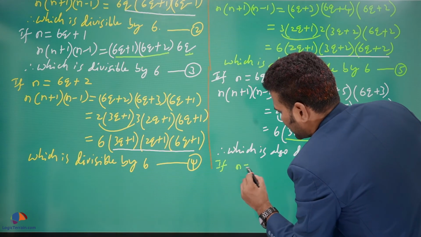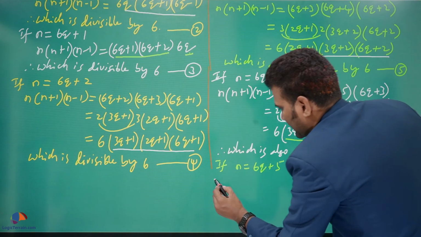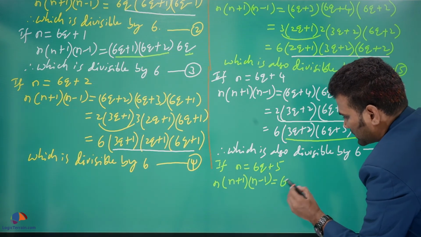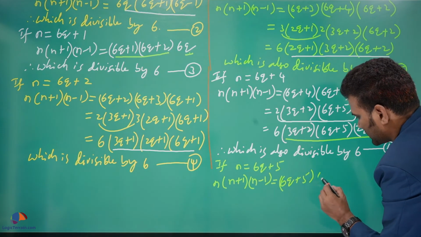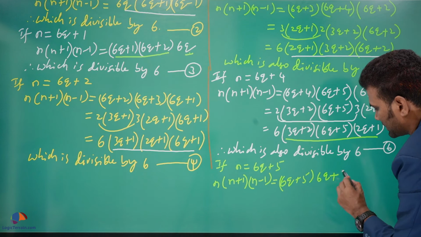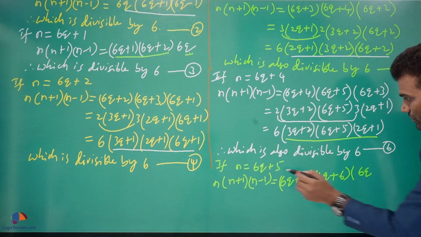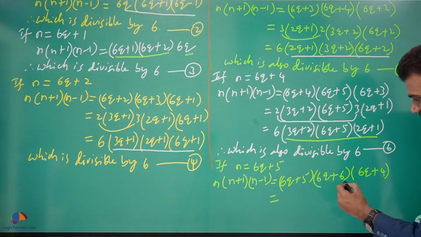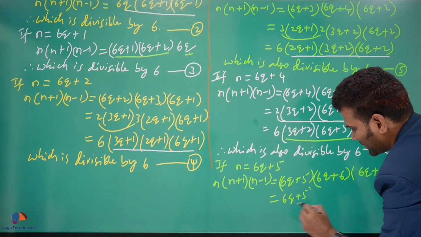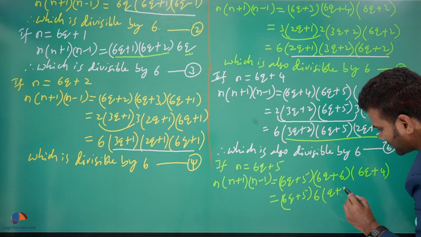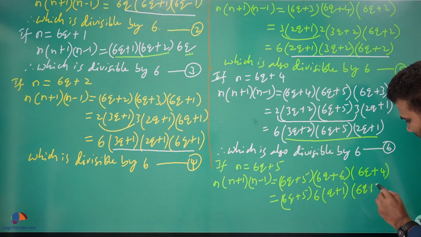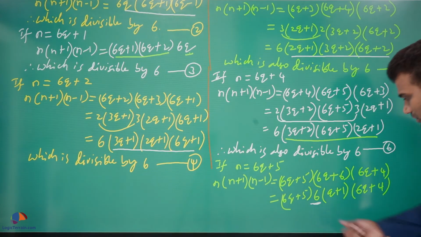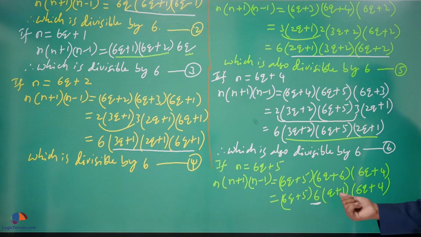If n equals 6q plus 5, then n into n plus 1 into n minus 1 is equal to 6q plus 5 into 6q plus 5 plus 1, which is 6 into q plus 1, and 6q plus 5 minus 1, this is plus 4. Here we can take 6 common, 6q plus 5 into 6 into q plus 1, here 6q plus 4.